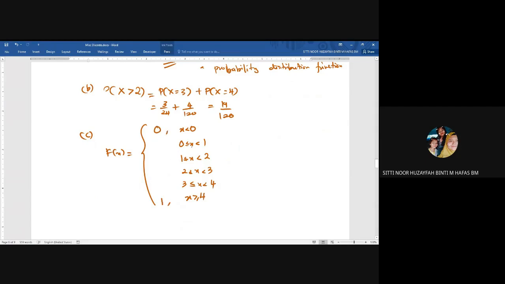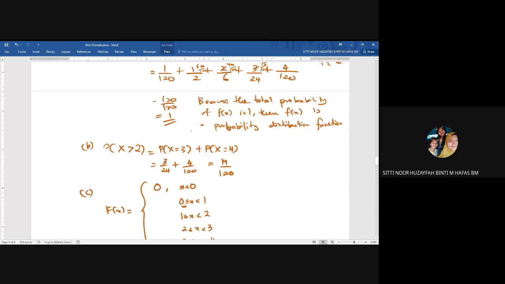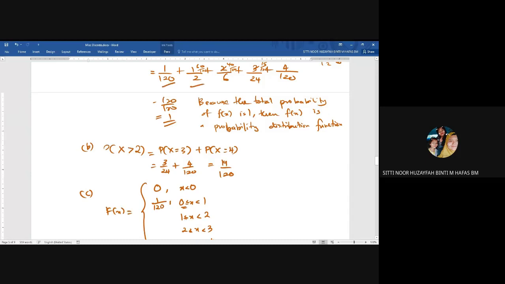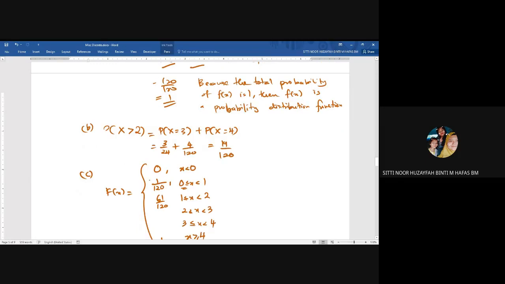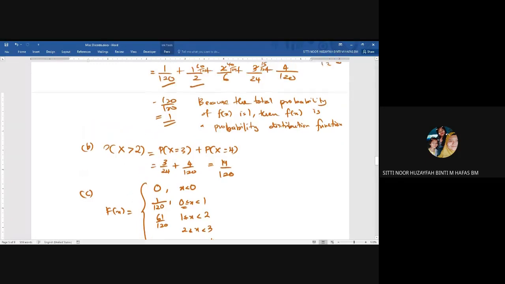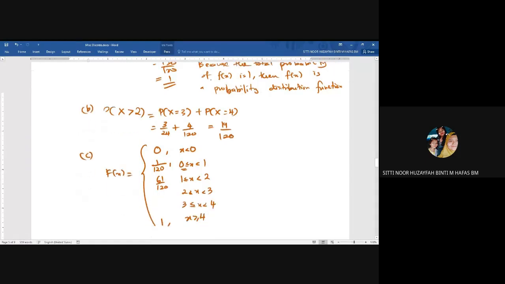Okay, so in the middle for x equal to 0, we just have to add up the probability, which is 1 over 120 plus 0, which is 1 over 120. And then for the next one, for 1, we have to add up 1 over 120 with 1 over 2, which is 61 over 120. And then the next one is to add up 61 over 120 with the probability of x equal to 2, which is 40. It will be 101 over 120.